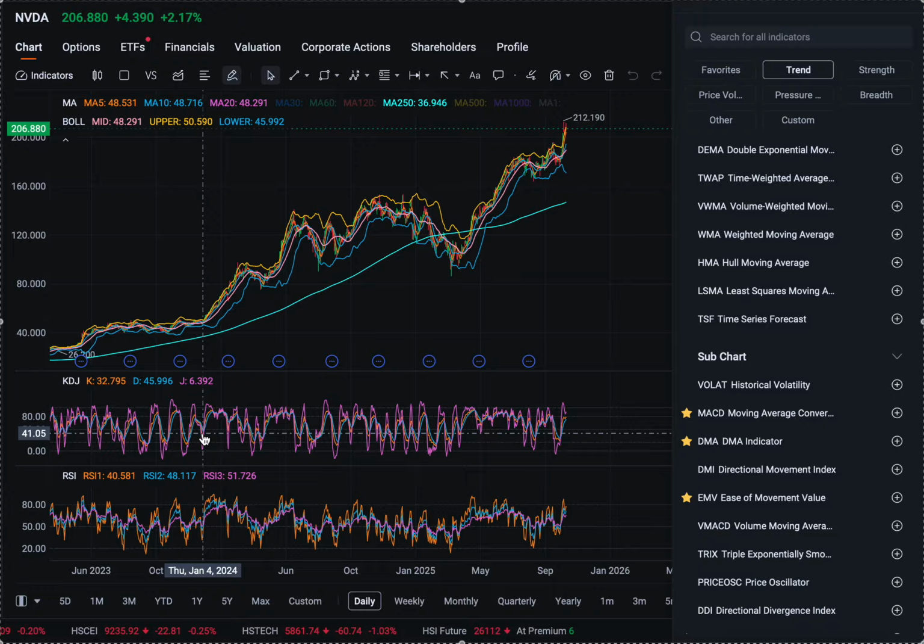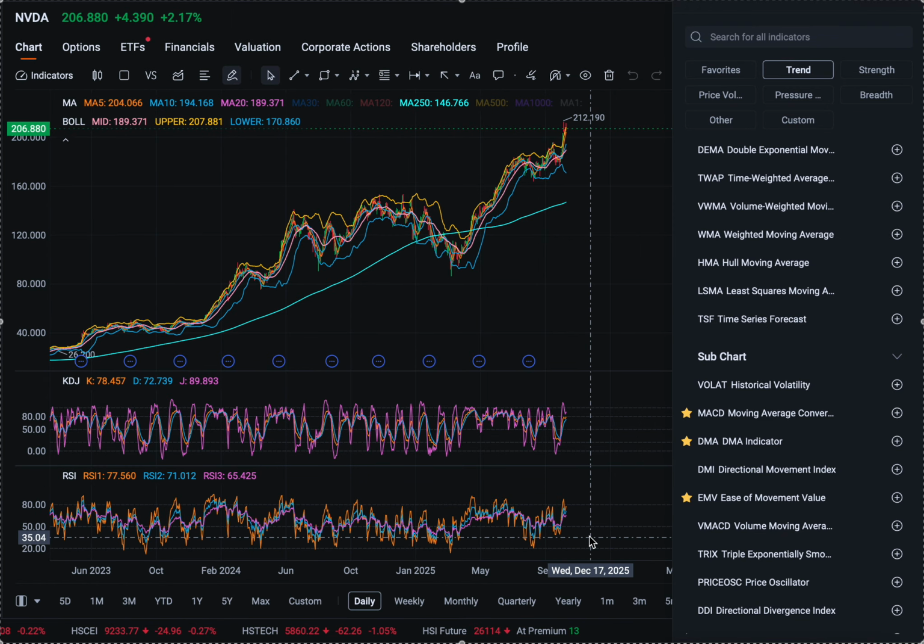Whenever you see KDJ and RSI crossing over at the same time, this is a strong confirmation of signals.